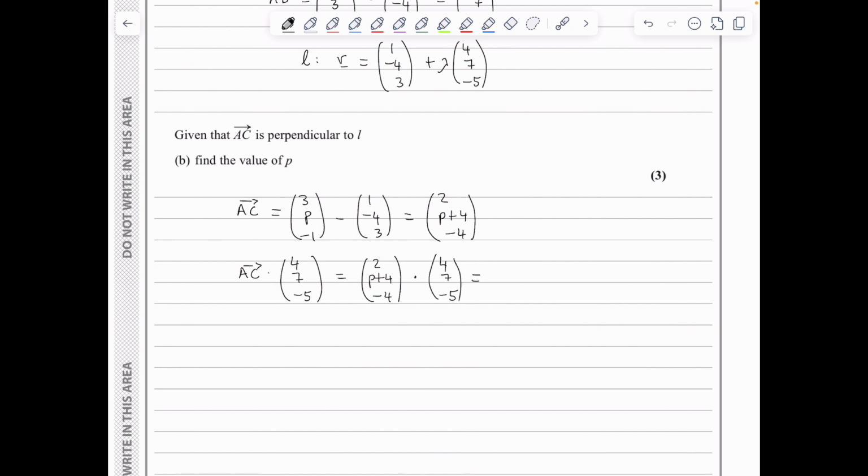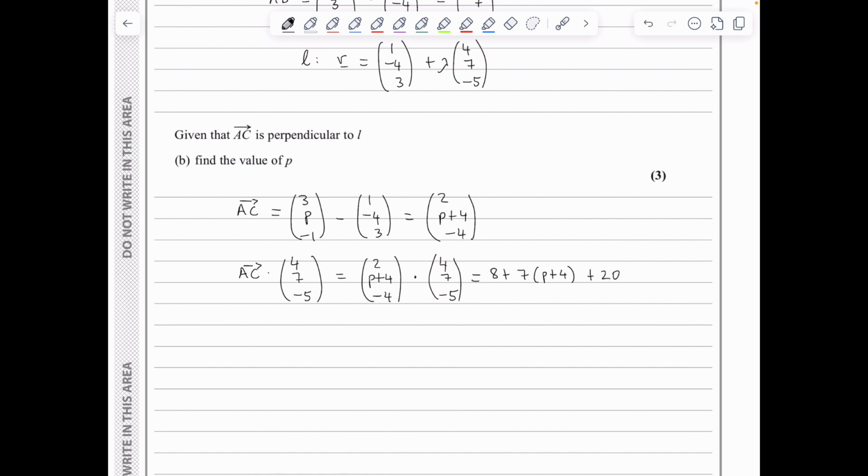Well, we know that if we are applying the dot product, then we are multiplying the i with the i, the j with the j, the k with the k, and adding everything up. So 2 times 4 is 8. Then we've got 7 times P plus 4. And then we've got the negative 4 times the negative 5, which is plus 20.